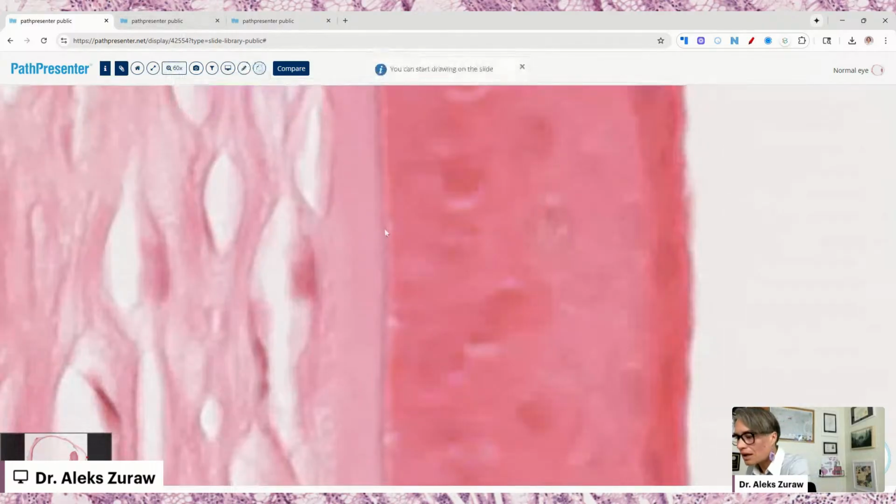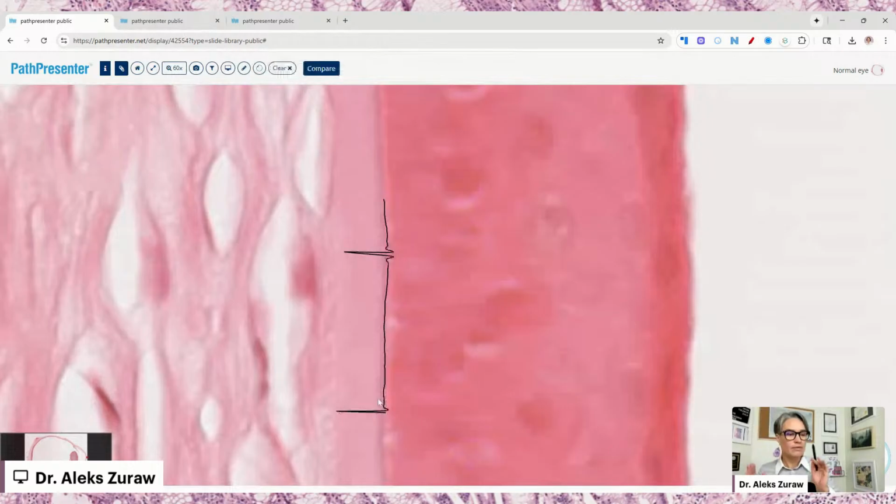Yes, the membrane would be here. Every epithelium sits on it, and this particular epithelium is called Bowman's epithelium.